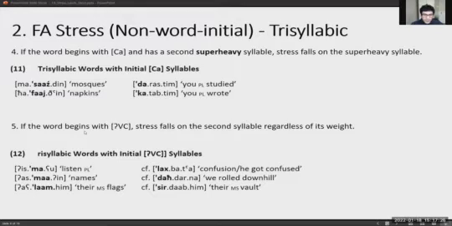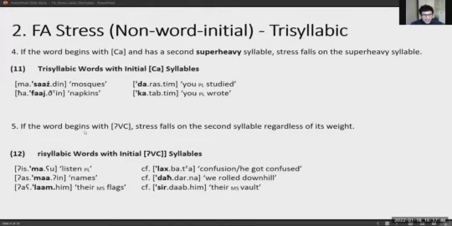So if you look at the words that I have in 11, you say masajdin and hafaydun. So stress here would be on the second syllable. And these two words can also be compared to words that only differ in the weight of the second syllable. So we say darastum and we say katabtum, both have stress on the first syllable in the word.